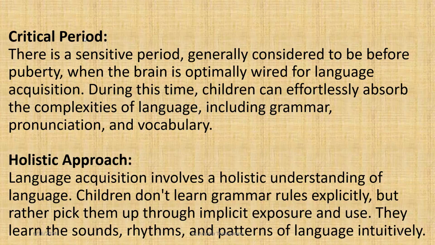They learn patterns of language intuitively, which means automatically. When you take your language, Tamil or Sinhalese, it contains phonology, pronunciation; syntax, grammar; semantics, meaning; and morphology, formation of words. Children acquire all these things. That is why it is called a holistic approach. Is it clear?